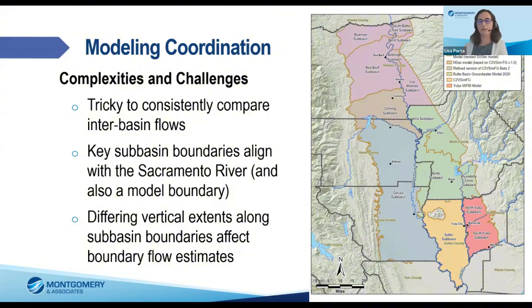So if we're trying to compare flows from one subbasin to the next, and if our models have different layering or depth of layers, that makes it mathematically complicated to try to really compare flows between the basins. So those are some things that were uncovered, and we are aware and working towards figuring out what's a better approach to coordinate on modeling approaches between the subbasins in this region.